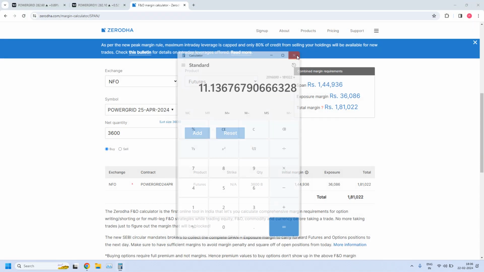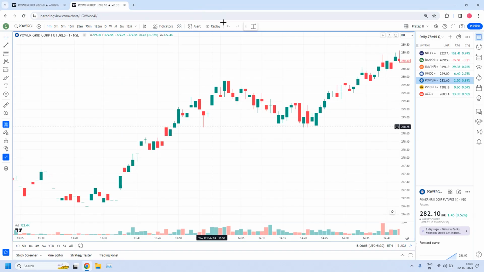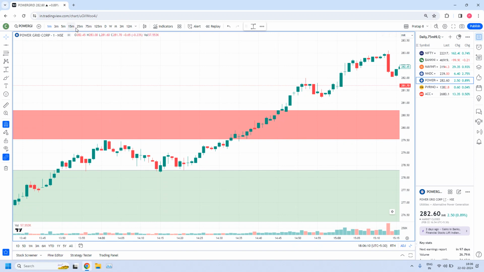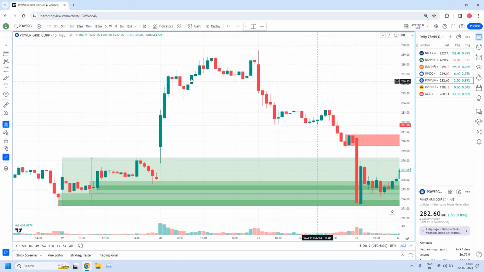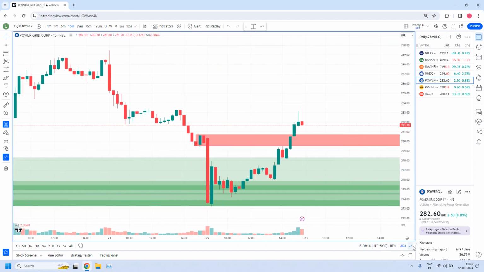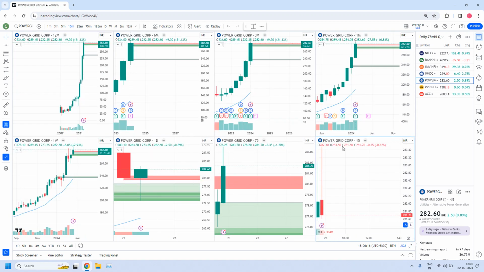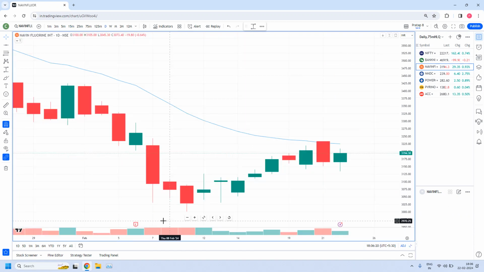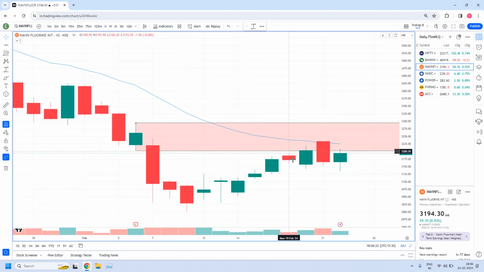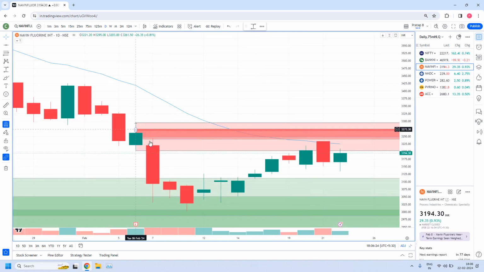Now we have seen all the three trades. I am removing this futures chart also. Now the remaining stocks, let us look into them quickly. Navin Fluorine, already a fine-tuned area.